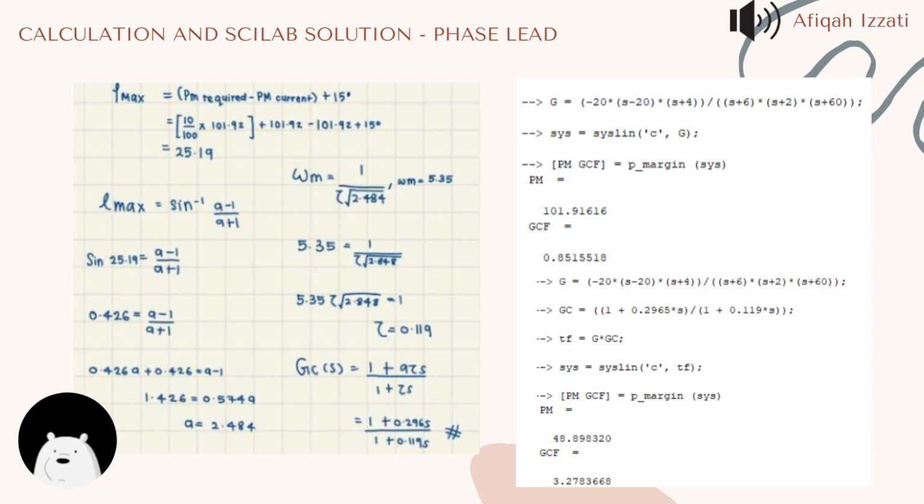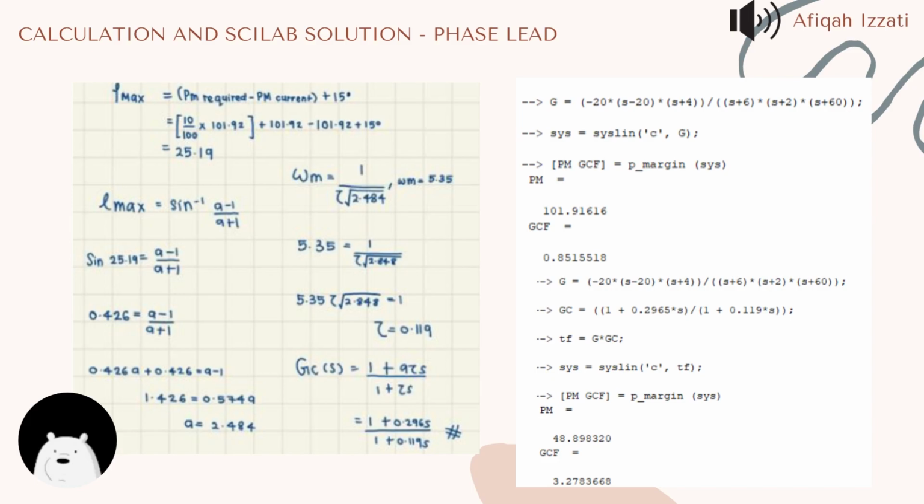By using Scilab, we can get the value of our phase margin. Before we multiply our transfer function with the new transfer function, the phase margin is equal to 101.91616, and our gain crossover frequency is equal to 0.85.